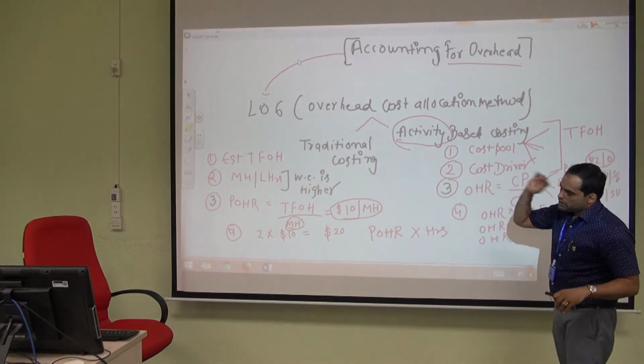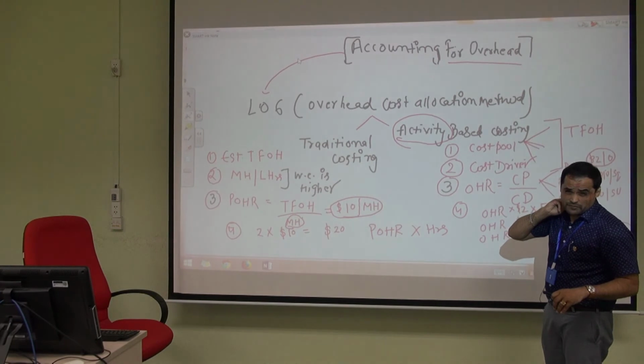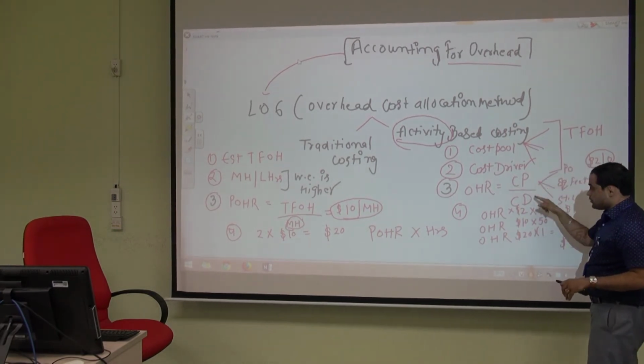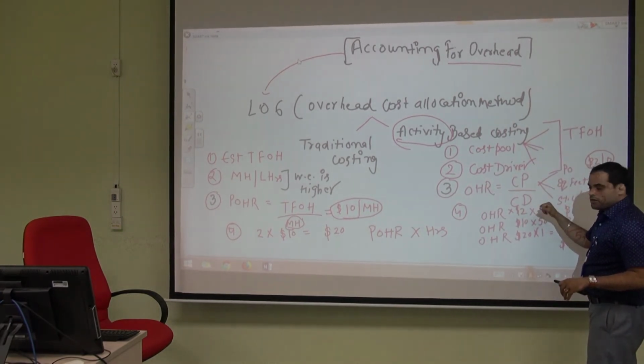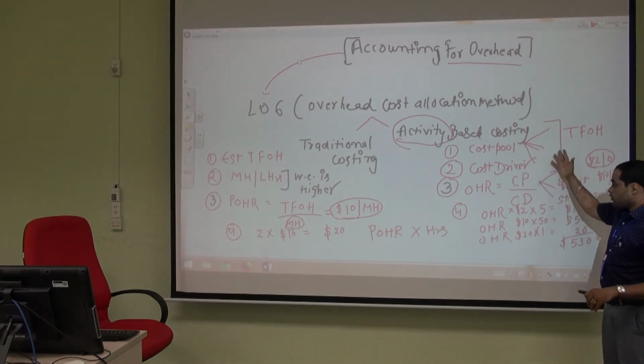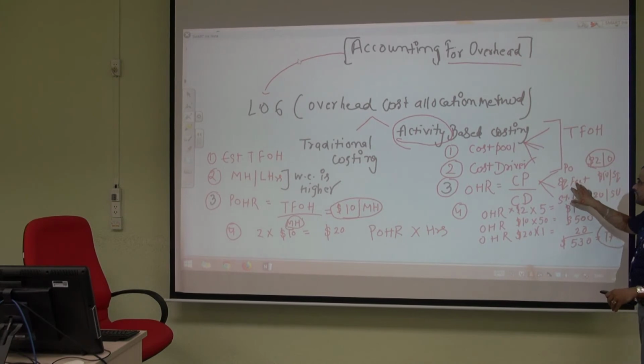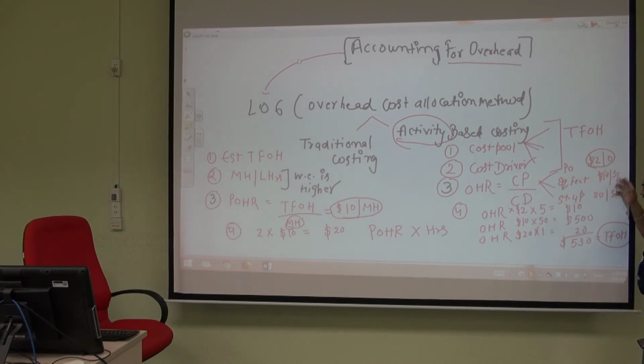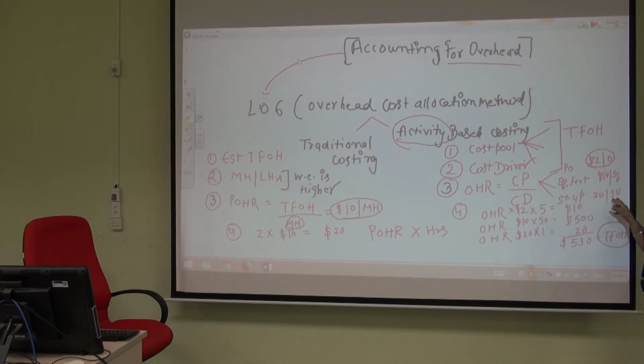Next is the overhead rate. The overhead rate is quite similar to your traditional costing, step 1 divided by step 2. Step 1 is the cost pool, and here is the cost driver. As I said, we have 3 cost pools, so 3 cost drivers, so we have 3 rates. Let's say purchase order is $2 per order, square feet is $10 per square foot, and $20 per setup.